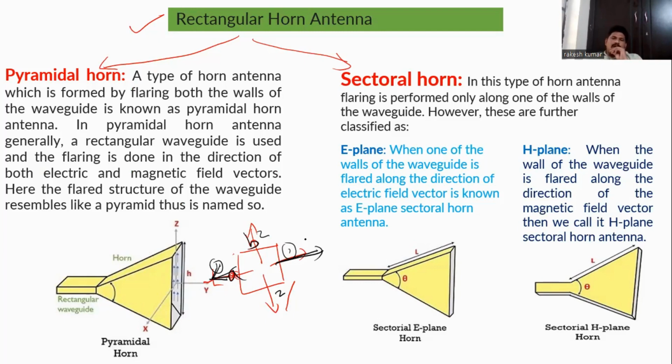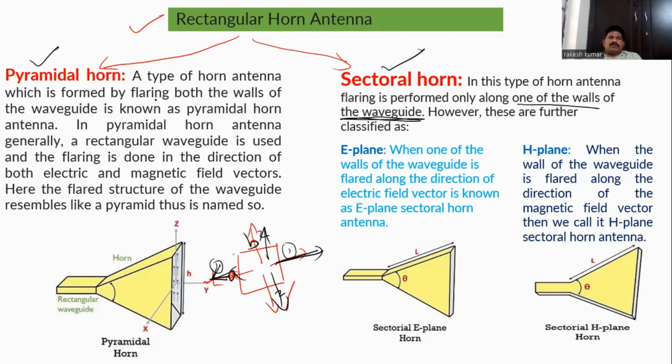or only in the B direction and not the A direction, meaning the flaring is performed on only one of the walls of the waveguide, such a horn is called a sectorial horn. And the other type is pyramidal.